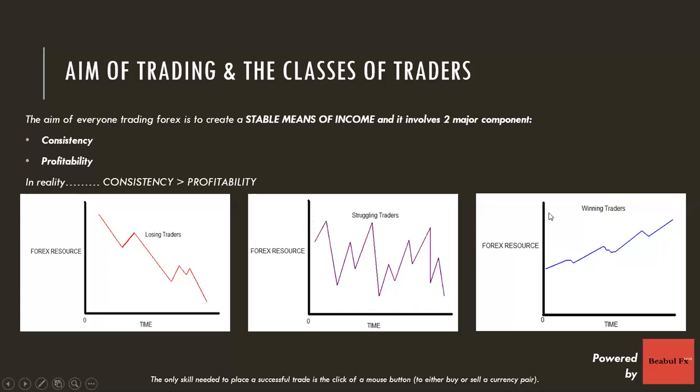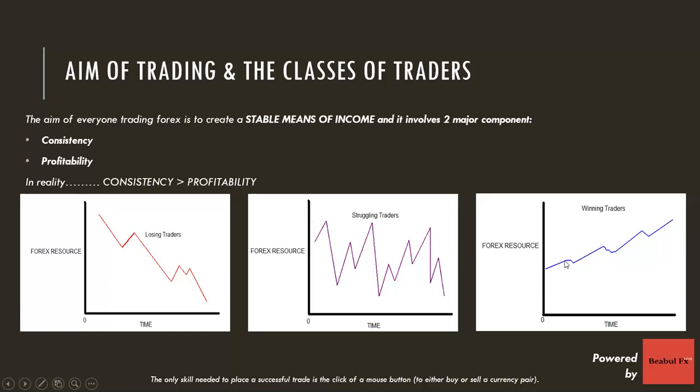Then finally, we have the winning traders. The winning traders are people who understand themselves, understand their trading methods, and they are able to apply themselves to their trading method in such a way that they know what they want from the market. This kind of people, you see them, they make profit gradually, not steep profit like the struggling traders.